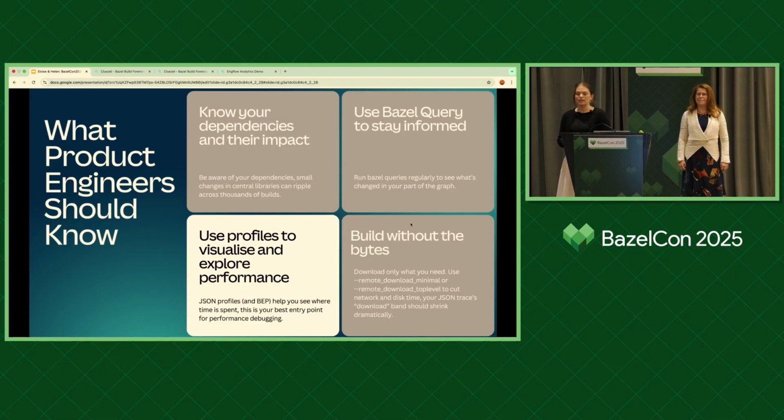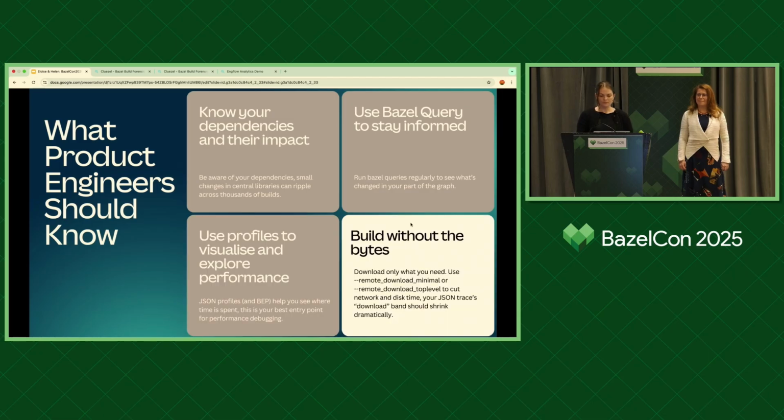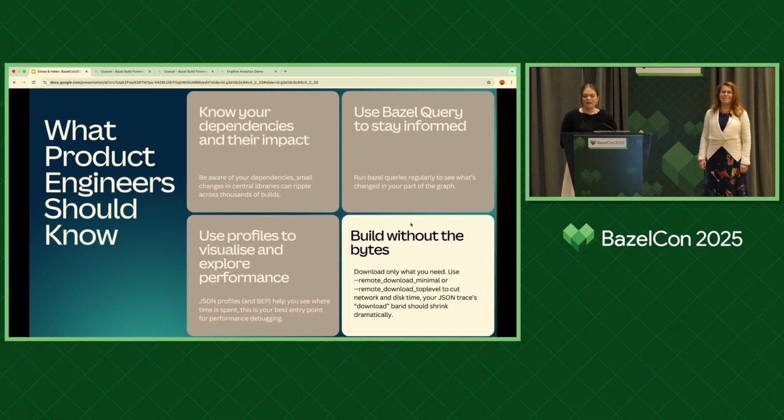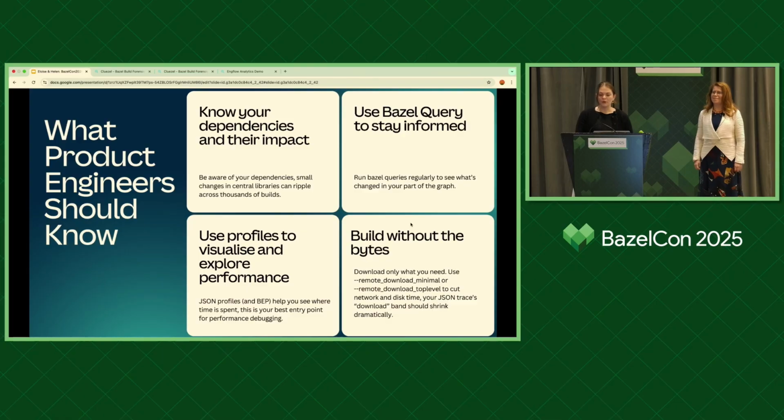It's visual, it's approachable, and it helps reveal bottlenecks in the build process. And finally, build without the bytes. Flags like remote download minimal help you download only what you need, reducing some overhead and shrinking the download section in your build dramatically. So while DevX engineers can optimize Bazel itself, product engineers play a huge role in keeping builds efficient by owning their dependencies, using queries, and understanding their build data.